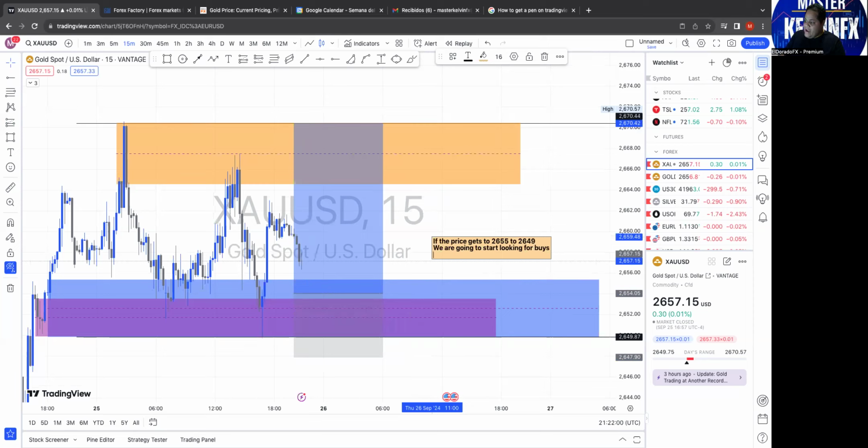If the price reaches that area, we're gonna start looking for buys, and then we get confirmations to enter the trade.